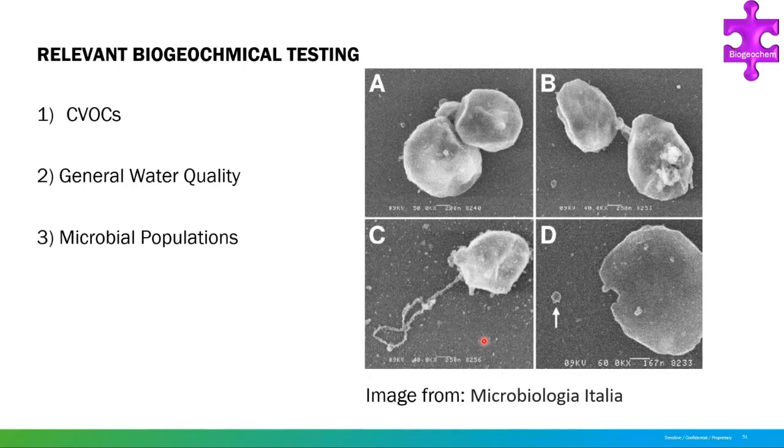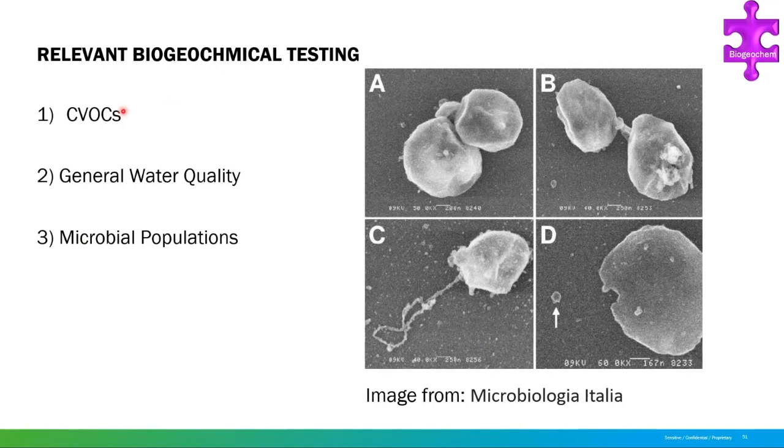The general water quality really plays into how that biogeochemical environment is reacting, how the general water quality might be affecting the microbiological consortium that's existing. In this case, we're looking for Dehalococcoides and Dehalobacter as the known reductive dechlorinators of the chlorinated VOCs. So it goes beyond just what the chemistry of your contaminant is.